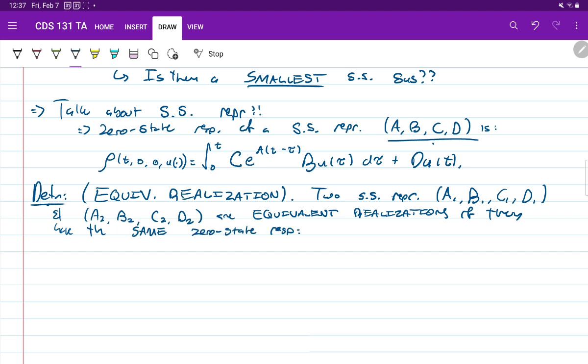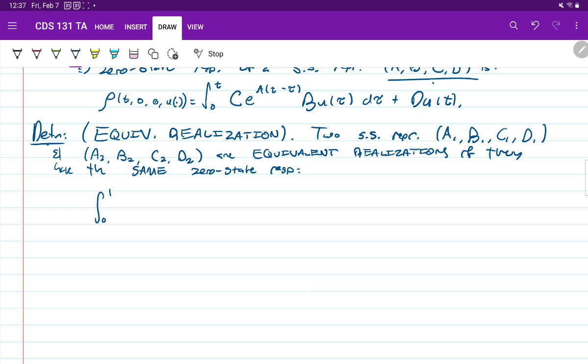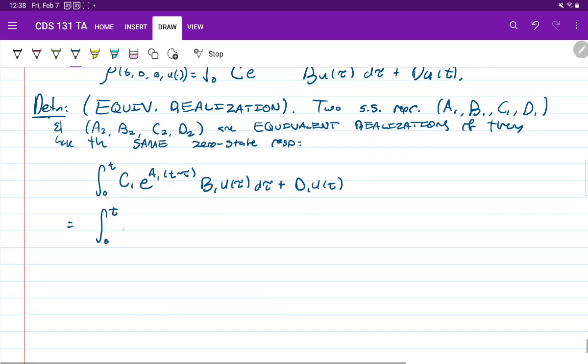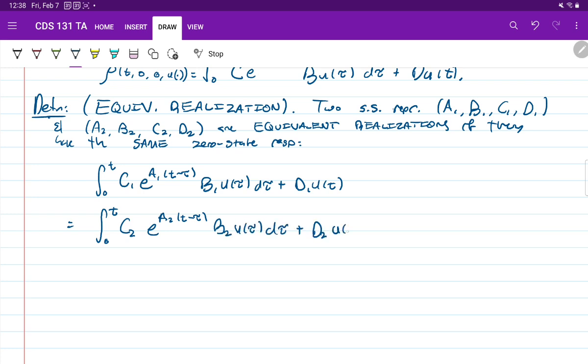Based on what we said above, this effectively boils down to the following holding for all times and for all inputs: the integral from 0 to t of C1 e to the A1 (t minus tau), B1 u of tau d tau plus D1 u of t should equal the integral from 0 to t of C2 e to the A2 (t minus tau), B2 u of tau d tau plus D2 times u of t. So this should hold for all inputs u and times t.